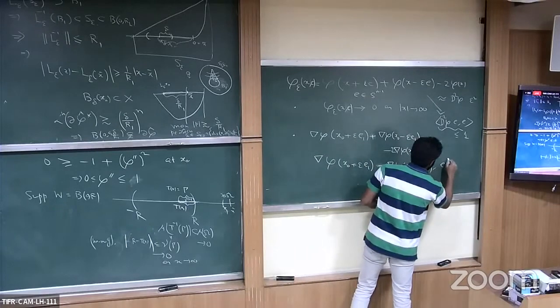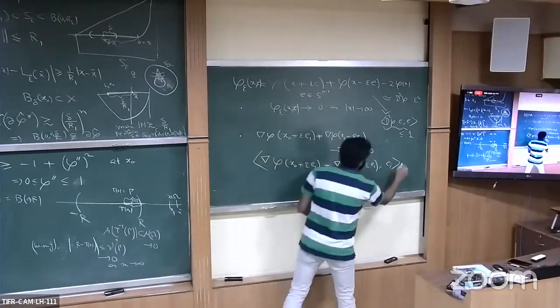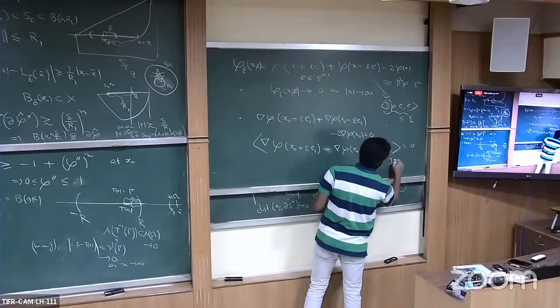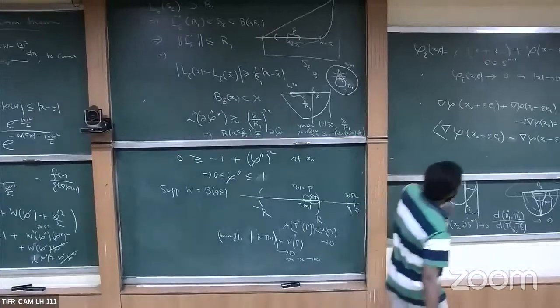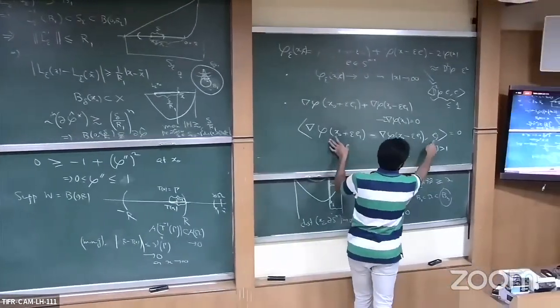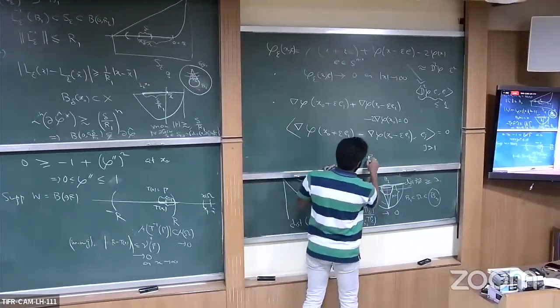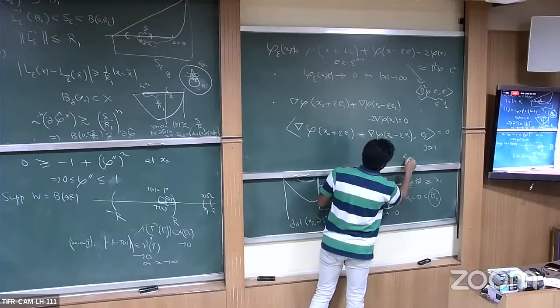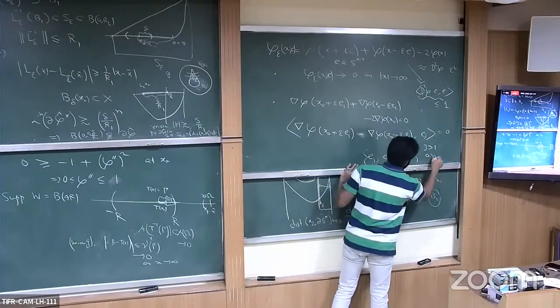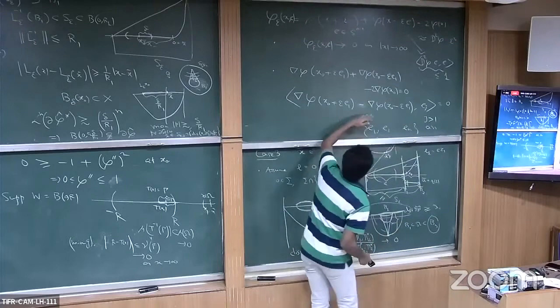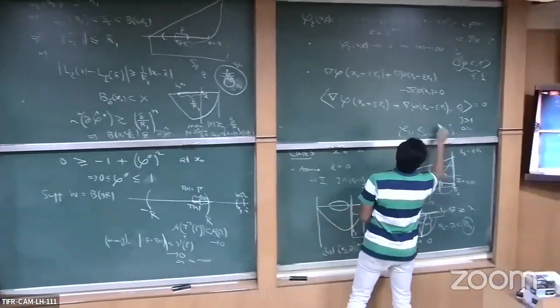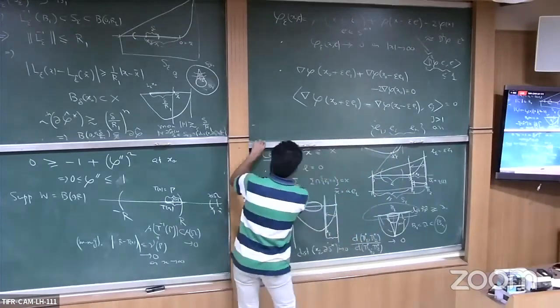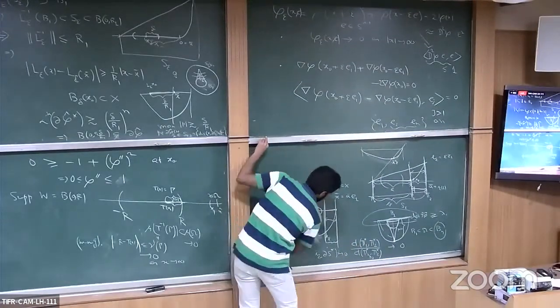So let us take e1 to en, any orthonormal basis. These two have the same component along any ej, so these two have the same component in the e2 to en directions. Okay? And all you have to do is compute in the e1 direction.